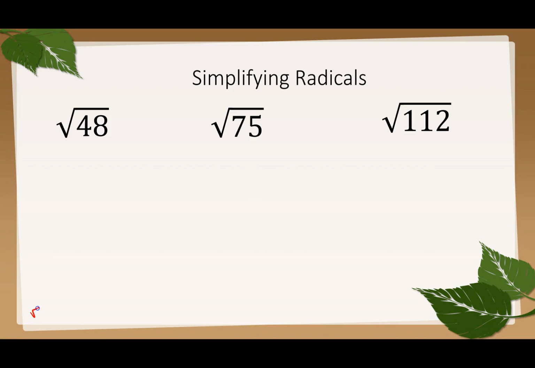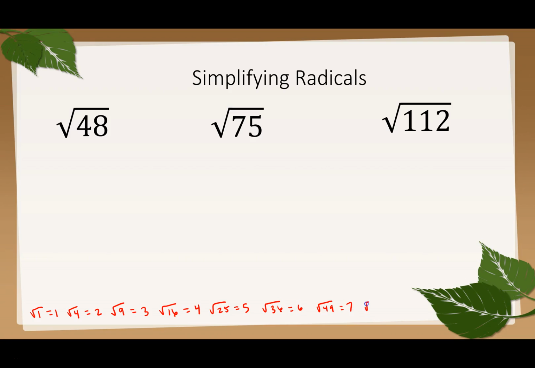I know the square root of 1 is equal to 1. The square root of 4 is 2. The square root of 9 is 3. Keep doing this with me. Square root of 16 is 4. Square root of 25 is 5. Square root of 36 is 6. Square root of 49 is 7.